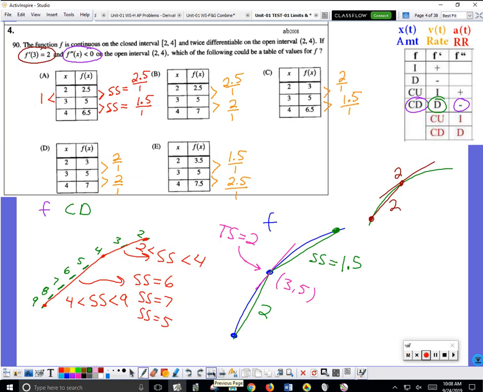So that's why A is the correct answer, because I can draw A and it fits the definition of concave down. I have a curve where the secant slope is 2.5. I have a tangent whose slope is 2.